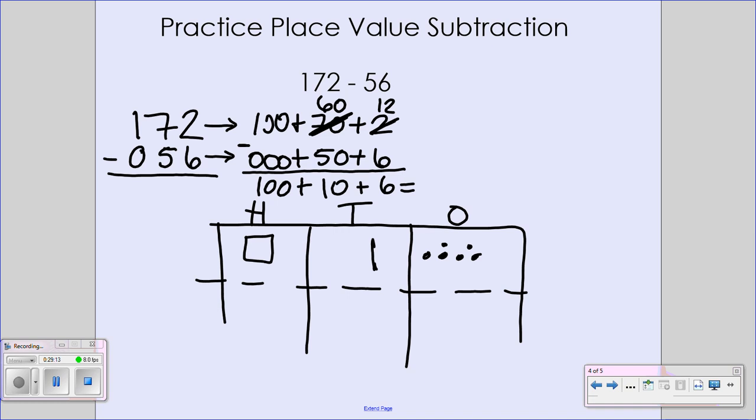Oh, random. Same number. Didn't plan on that. Gabriella, what's our standard form of this number? Our standard form is 116. Yeah, that was a tricky one. It's that same number as the last. I know, that was purely random. I didn't plan on that.